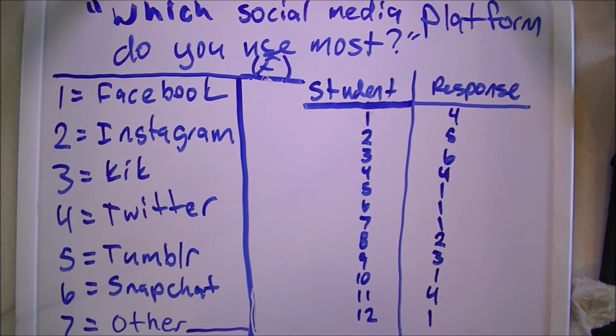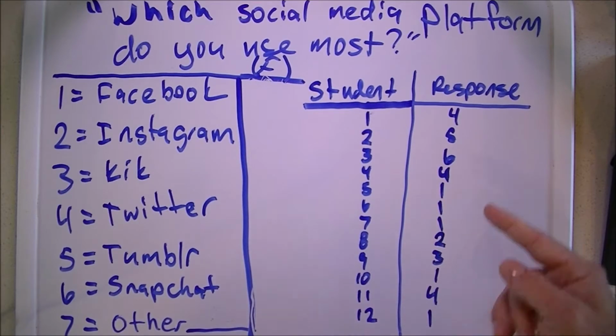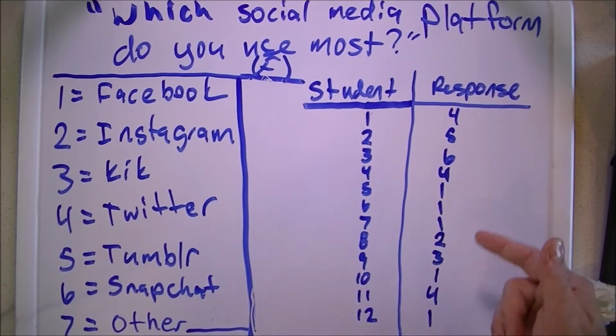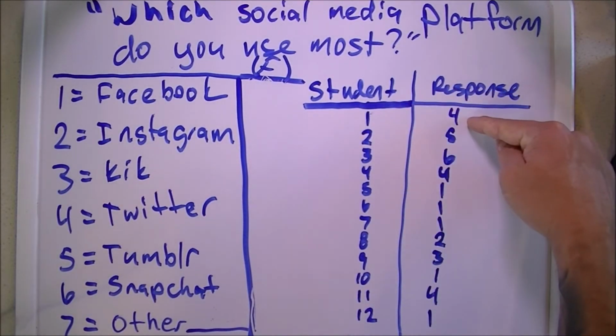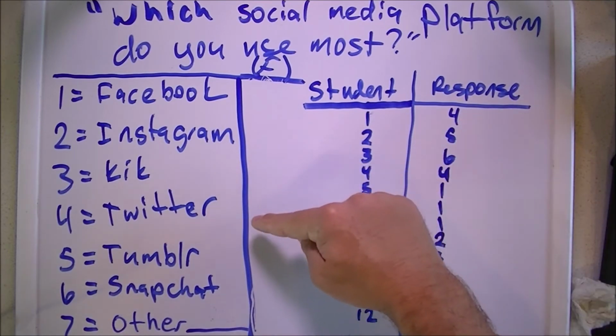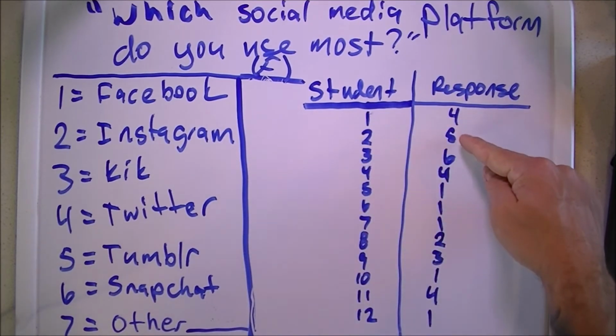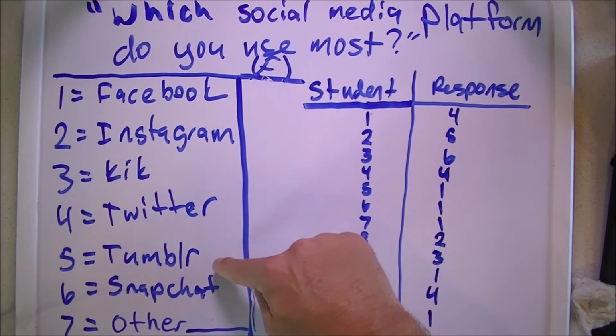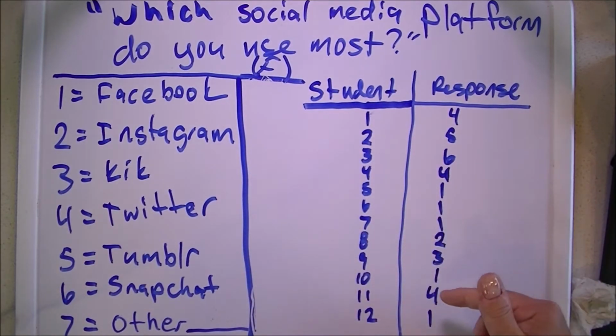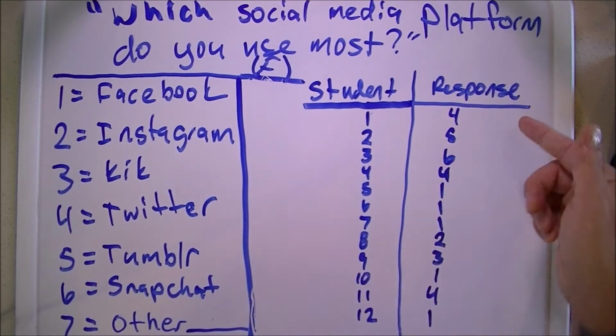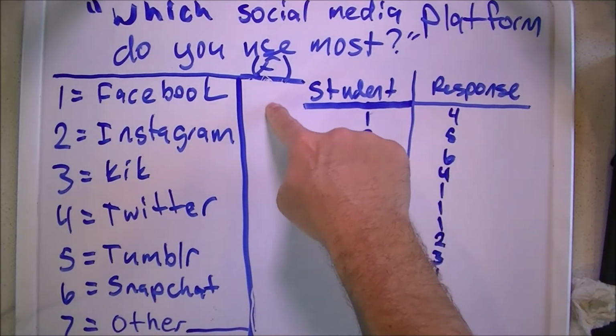I asked 12 students this question and got these raw responses here. As you can see, student 1 responded with a 4, which equals Twitter. Student 2 responded with a 5, which equals Tumblr, and so on and so forth. So I'm going to count these responses and put them in the frequency table.